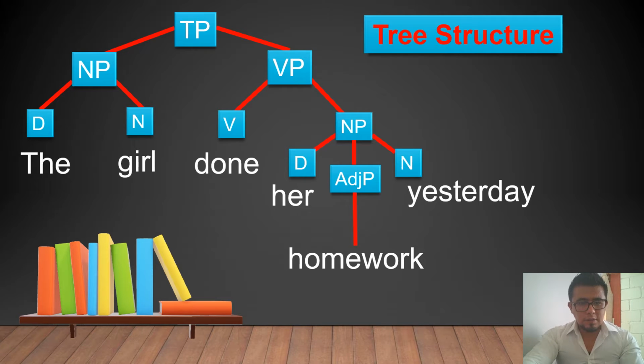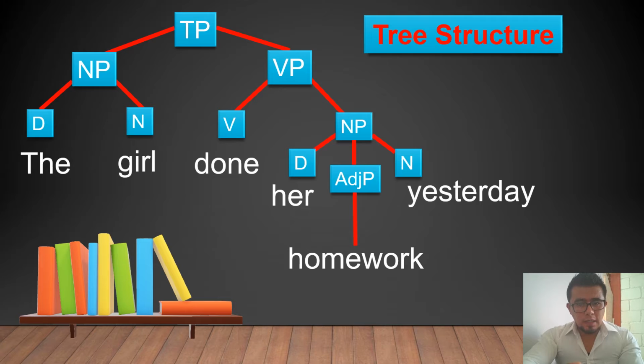Here we have this sentence: the girl did her homework yesterday. This is only a sentence, and in the book we can see that this is a typical hierarchical tree structure, and the sentence constituent is represented by the symbol TP at the top of the tree. It consists of two constituents, right?